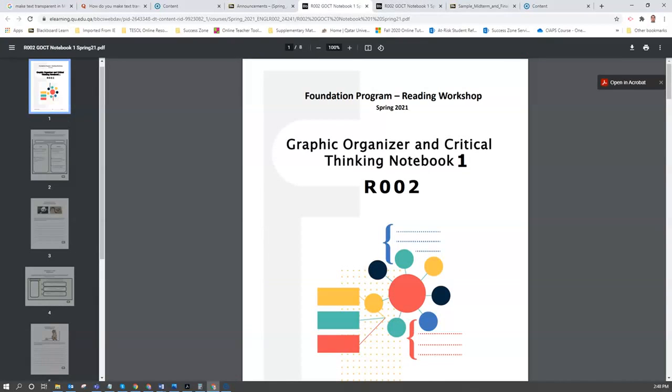All right, let's take a look at the document. So the graphic organizer notebook is to help you prepare for the midterm, to help you critically think about different solutions or ideas that you come up with, as well as it's linked to the textbook. This is linked to each of the stories that we do in the textbook.